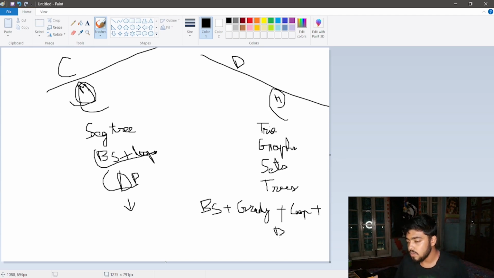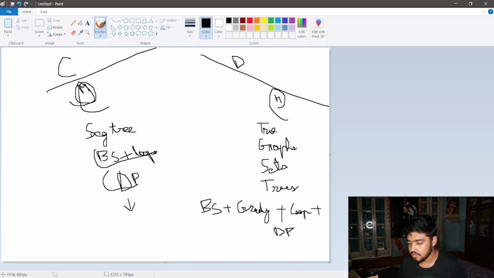When a question is a hard problem, it doesn't mean it is hard because you are using advanced algorithms or advanced data structures. It may also happen that the problem demands a combination of various data structures.